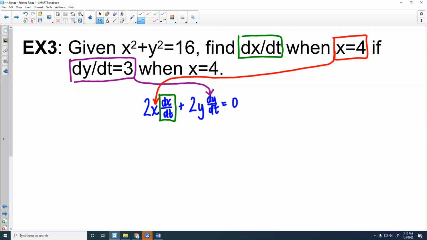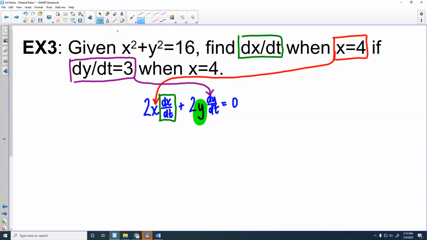Now this one is a little bit like the one that we just did. Do we have anything else that we're missing? We're missing that y, right? We need to know what that y is, because we can't solve for dx/dt while we still also have a y there. So we need to see if we could figure out what the y is. What could we do to find y? Plug 4 into the original.